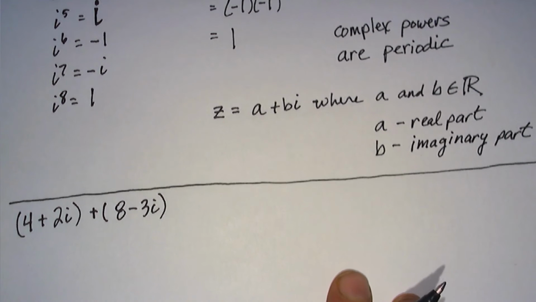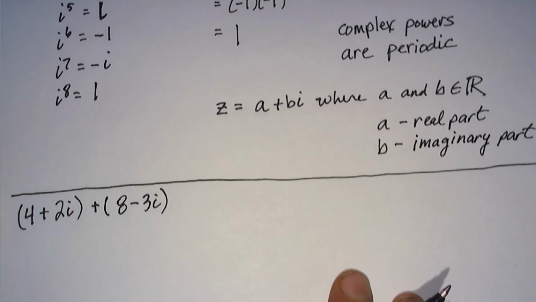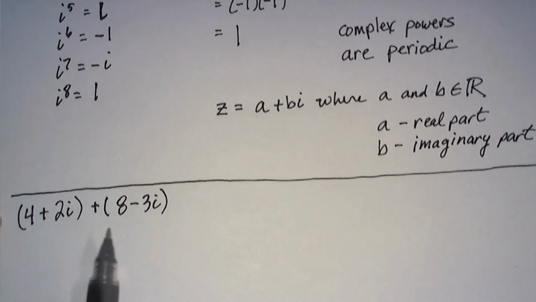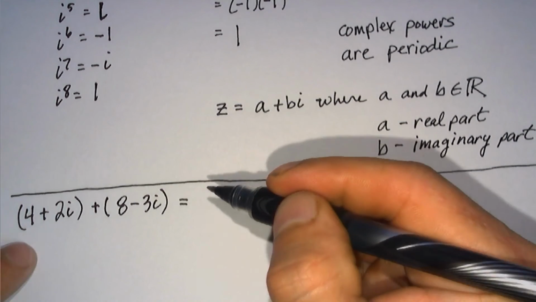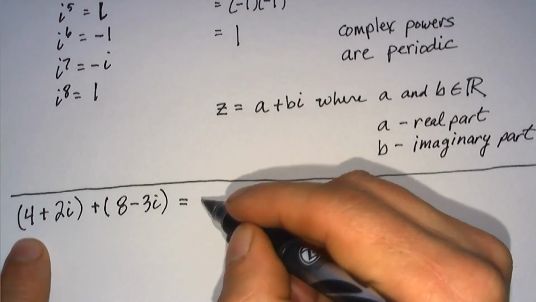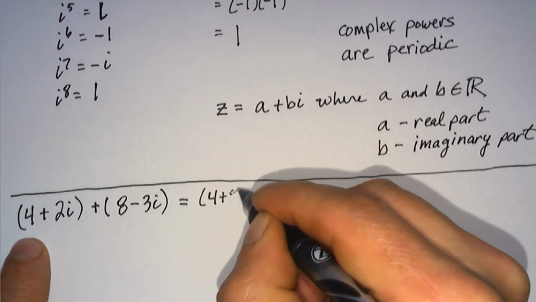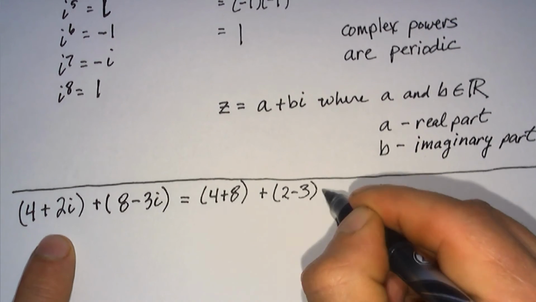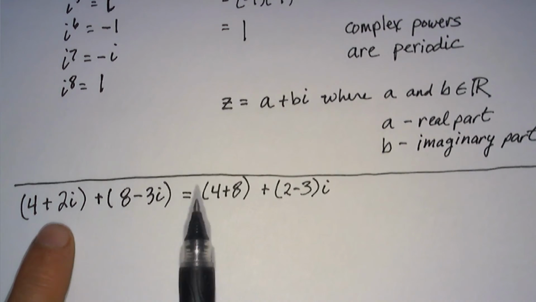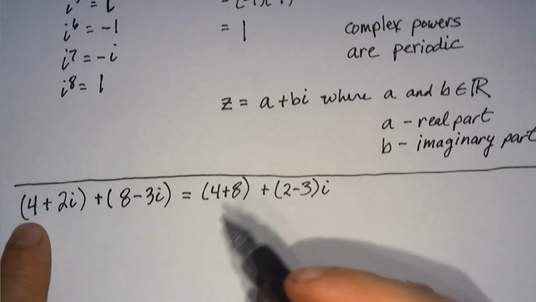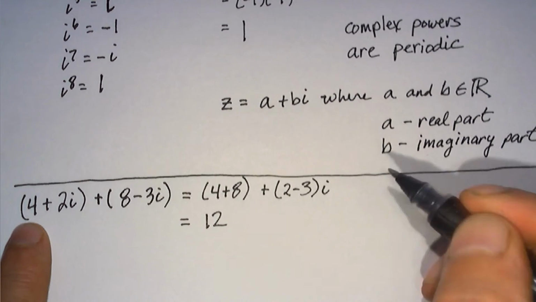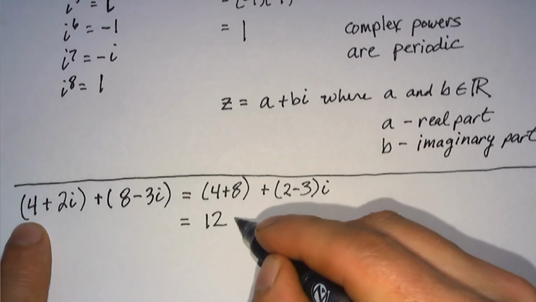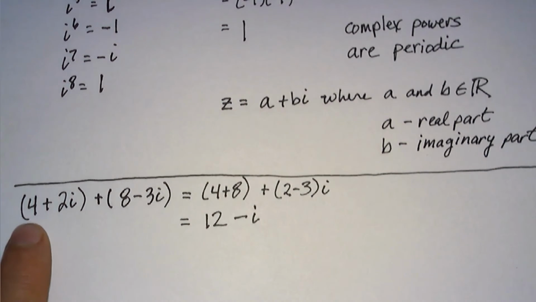So we're going to add, subtract, multiply, and divide them. Okay, so if we're going to add these, we just combine like terms. We add the real parts, because this is the same as 4 plus 8 plus 2 minus 3i. We just combine those coefficients there. So 4 plus 8 is 12, and 2 minus 3 is negative 1, so we could say that that is 12 minus i.